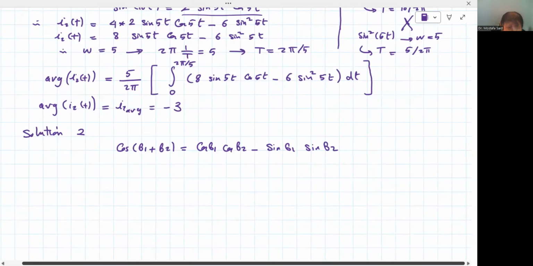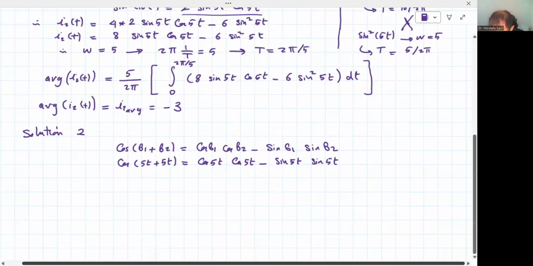So cosine 10t, which is 5t plus 5t, equals cosine 5t cosine 5t minus sine 5t sine 5t, so cosine 10t equals cosine square 5t minus sine square 5t.